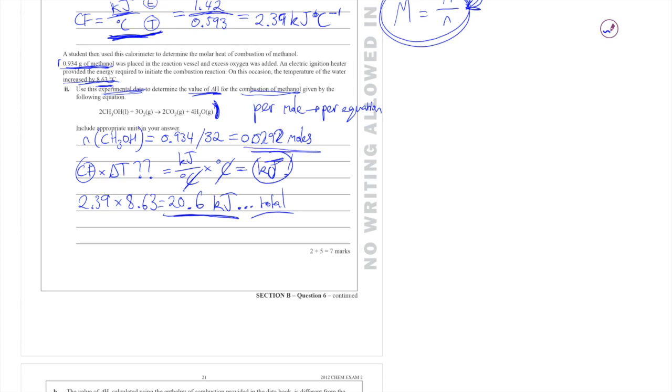So we're going to take our 20.6 divided by 0.0292, and that will give us an energy per mole of 706 kilojoules per mole.